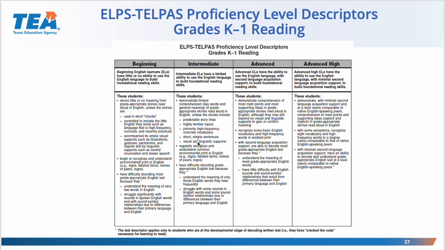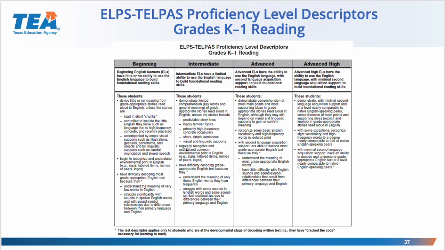So the story would have to include all of these bullet points for them to really be able to demonstrate their comprehension, and even then it would be limited, right? So you have to look at the text that's being provided to them, right?